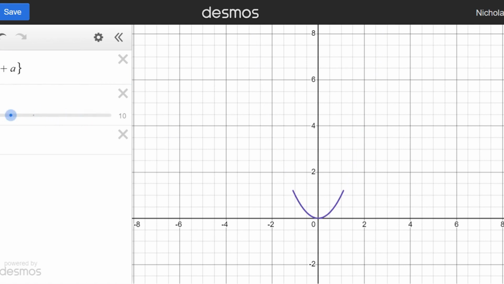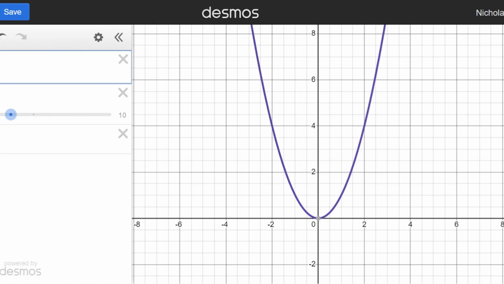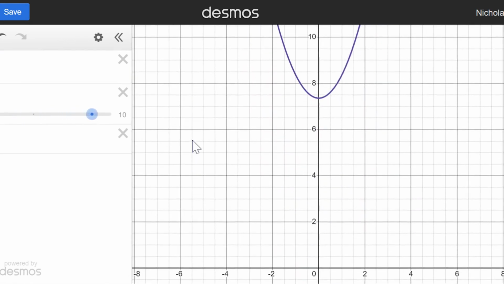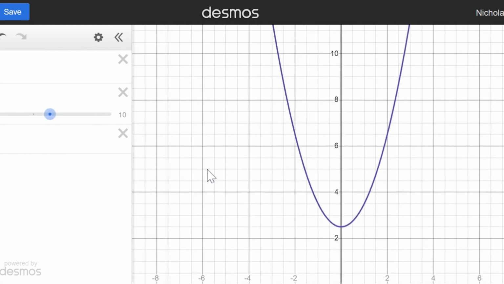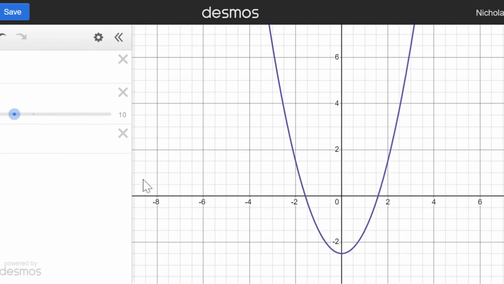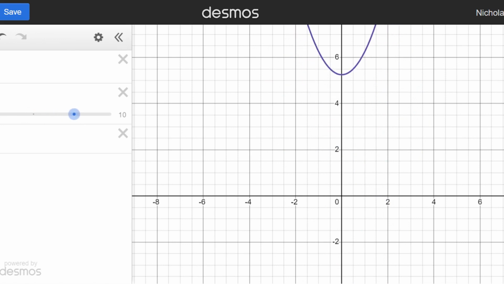I could also go ahead and do something like, instead of controlling the upper bound, maybe I want to do a vertical shift of a. And now as I click this, it keeps moving it up and down. I could maybe have also done the x in a shift.